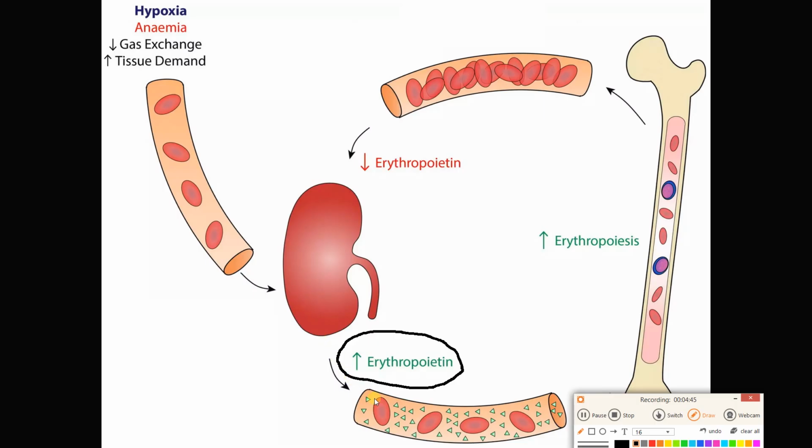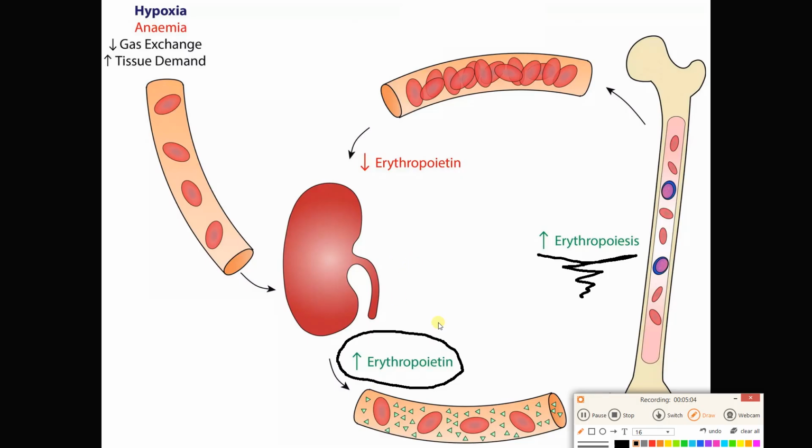Erythropoietin travels in the blood to the red bone marrow and stimulates erythropoiesis. Once that happens, we'll have more red blood cells, and erythropoietin levels will come back down. Some good old-fashioned negative feedback here.